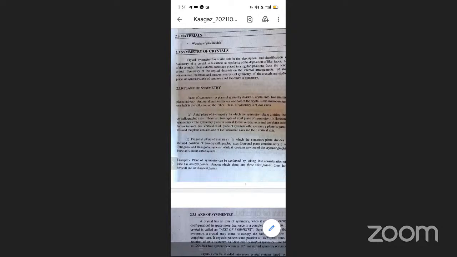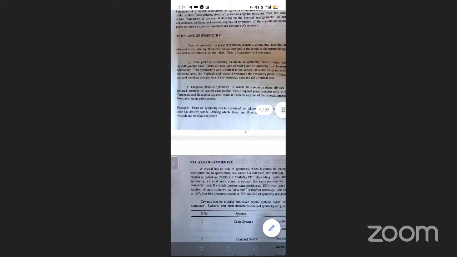And the second one is the diagonal plane of symmetry, in which the symmetry plane divides the crystal at an inclined position to two crystallographic axes.